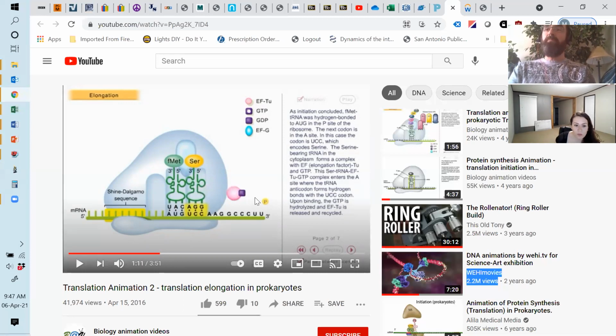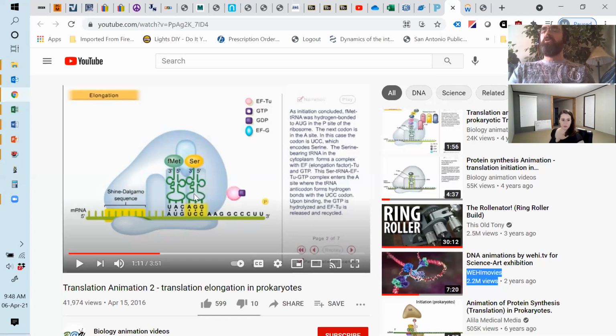That GDP, it's exactly the same as ATP to ADP, to release that energy. That GDP is then swapped out for another GTP later by another protein, which you don't need to worry about.